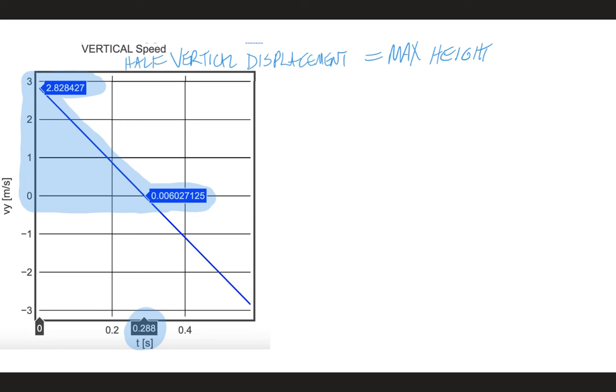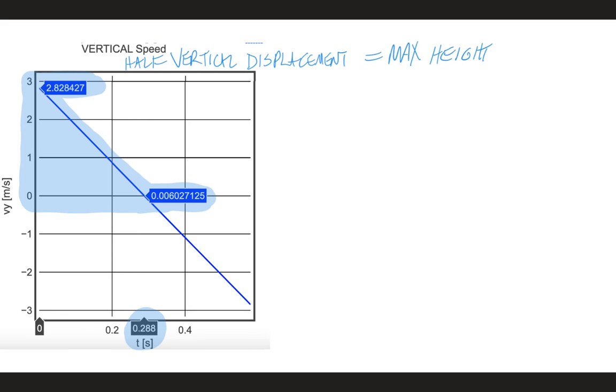And so I have to do half vertical displacement because at the peak, for a moment, the y velocity, which is what we're looking at, Vy, is 0. It started off, the y velocity was more than 0, and as gravity worked on it, it got to 0, and then it picks it up again as it falls to the ground, okay? And so that's why you have this constant acceleration that's decelerating the ball.